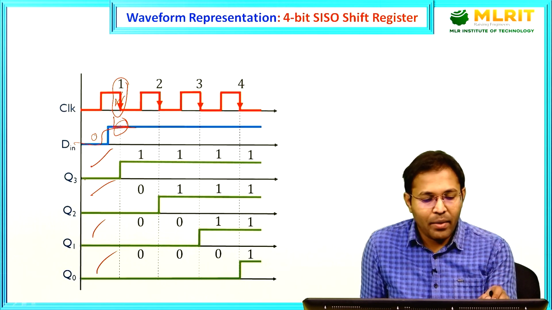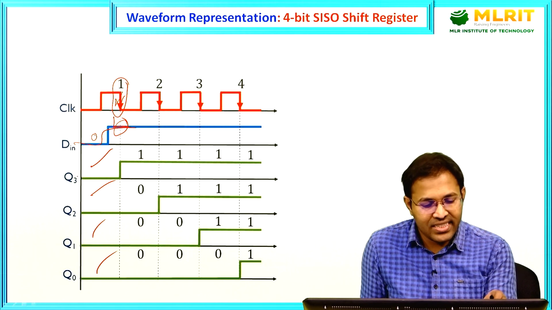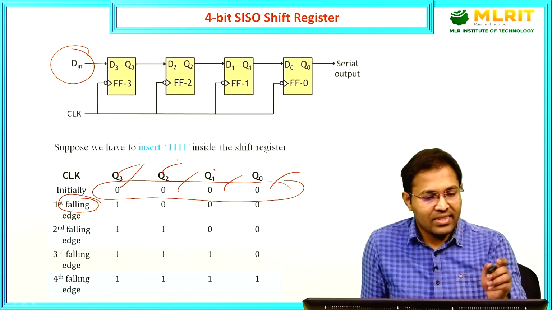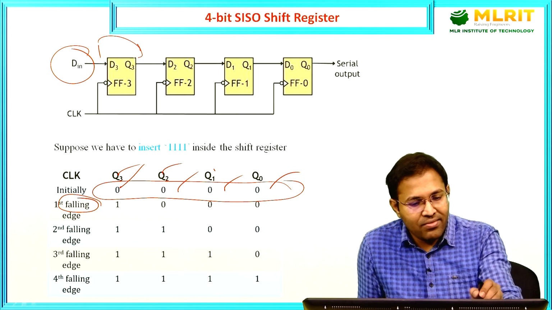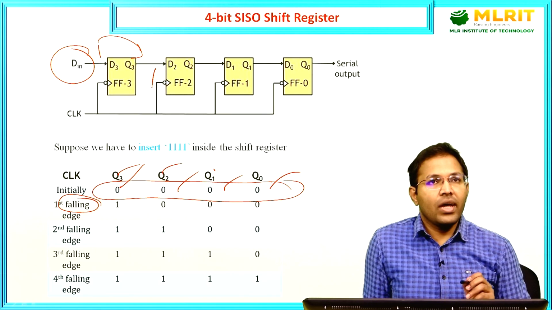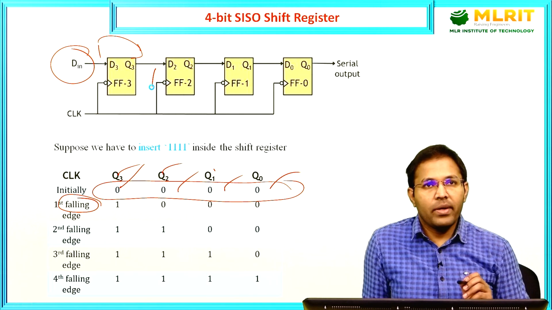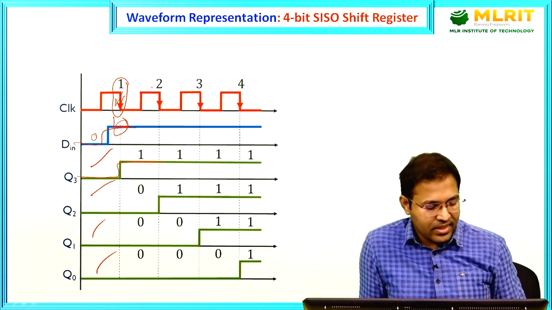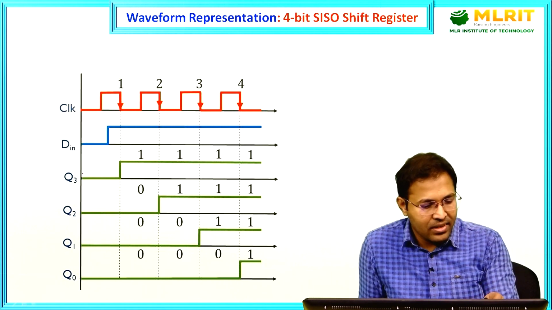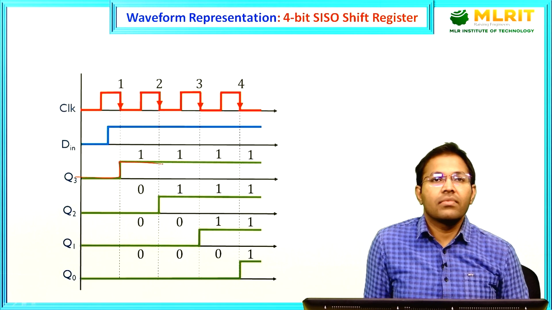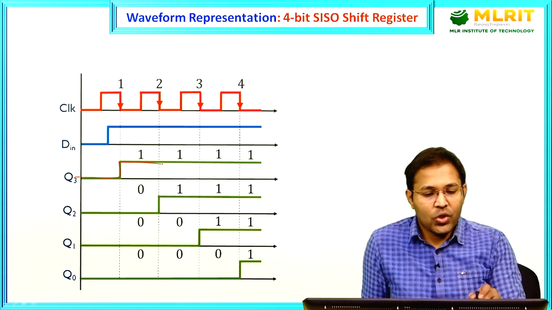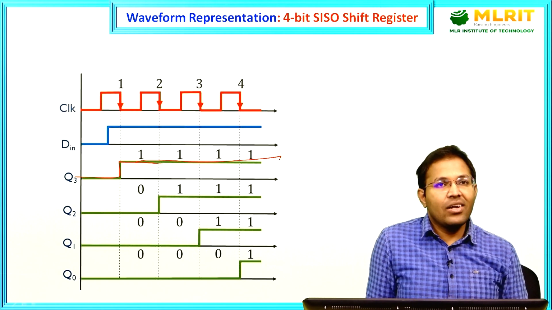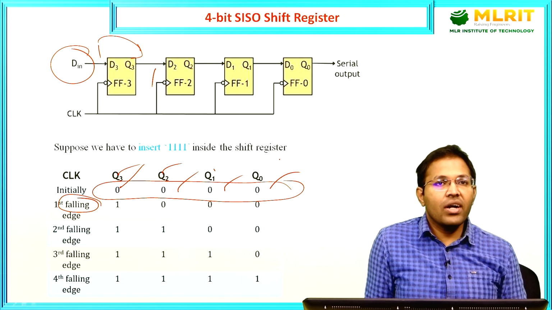So what happens here: Q3 transitions from 0 to 1. I hope you remember in the previous slide, we have written this, and that transition is indicated here.